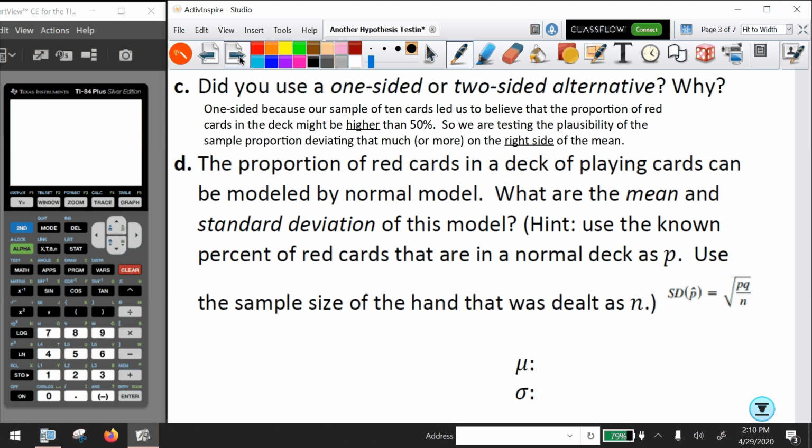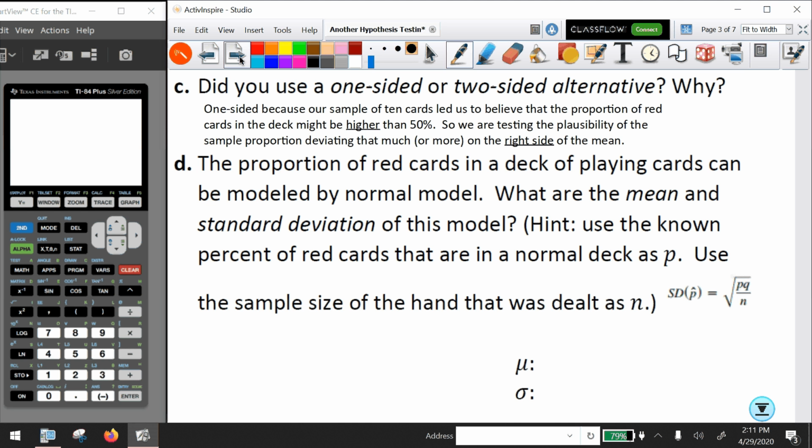So we are testing the plausibility of the sample proportion deviating that much or more on the right side of the mean. Since our sample led us to believe that there might be more red, we're specifically interested in testing that hypothesis that there's more red. We're not testing the red cards deviating on either side of the mean. We're specifically looking on the higher side of the mean.